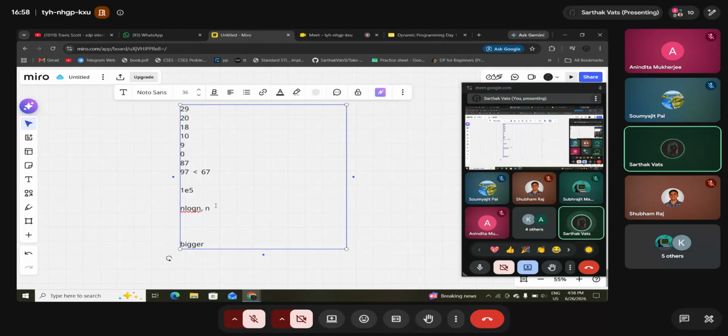So if it's not working greedily, then we need to try out all the possible cases, right? Suppose the number is 18, then once I'll subtract 8 and check for 10. In the other case, I can subtract 1 and make it 17, right? When it's 17, I still have two options. I can either make it 16 or I can make it 10.